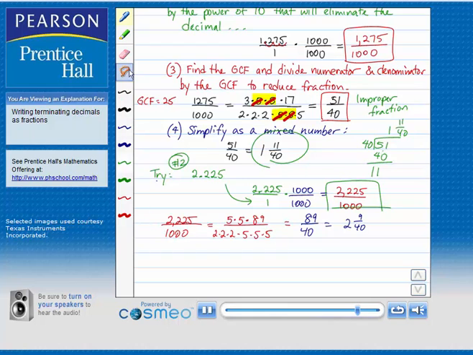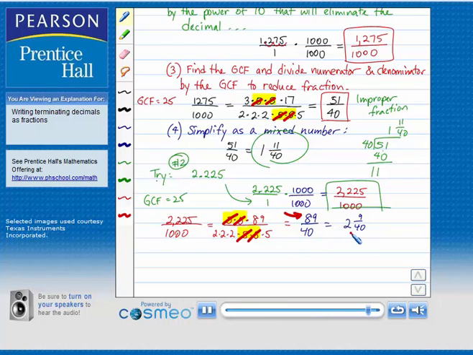Notice that again in this case there are 2 common factors of 5, so the greatest common factor, GCF, would equal 25. So essentially I'm going to divide numerator and denominator by 25. That's going to leave me with 89 in the numerator, and 2 times 2 times 2, 8 times 5, 40 in the denominator.